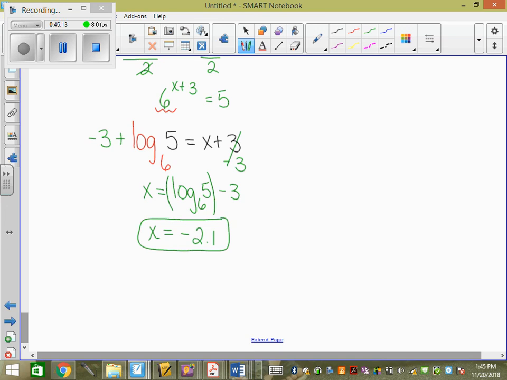Now, if I plug negative 2.1 back in, left side will equal right side? No, because the answer is actually not negative 2.1. It's negative 2.101 something, right? So if I wanted to plug it back in, I have to plug back in this whole thing to see if it works. Correct.